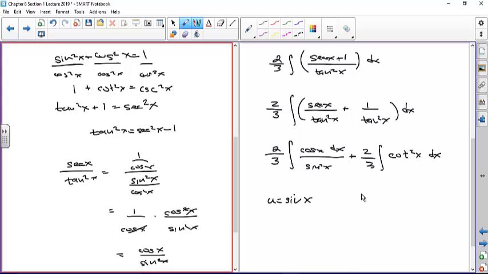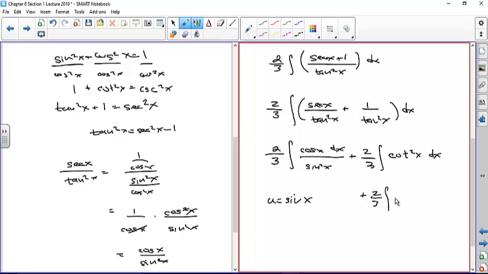So what we have to do in this case is rewrite that, so cotangent squared would be cosecant squared minus 1. And over here, u is the sine of x, so the du is the cosine of x dx. So with that substitution, you would have the integral of 1 over u squared du.